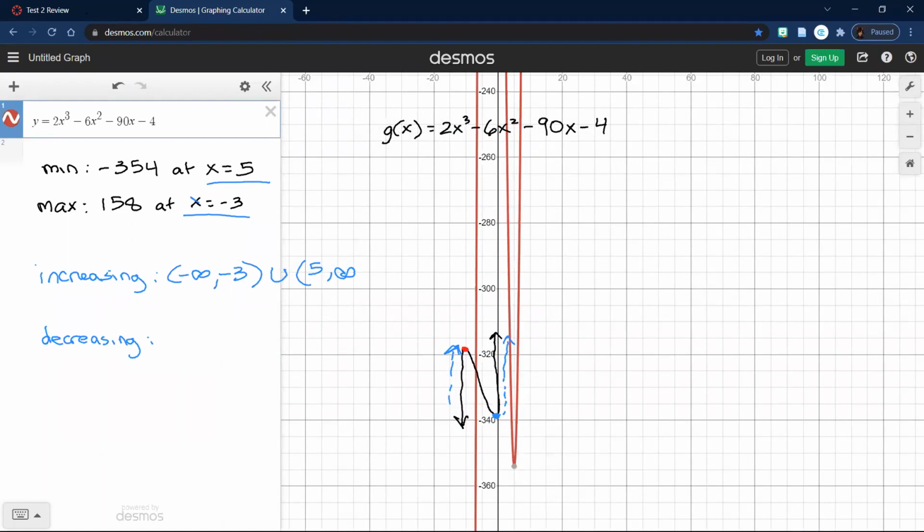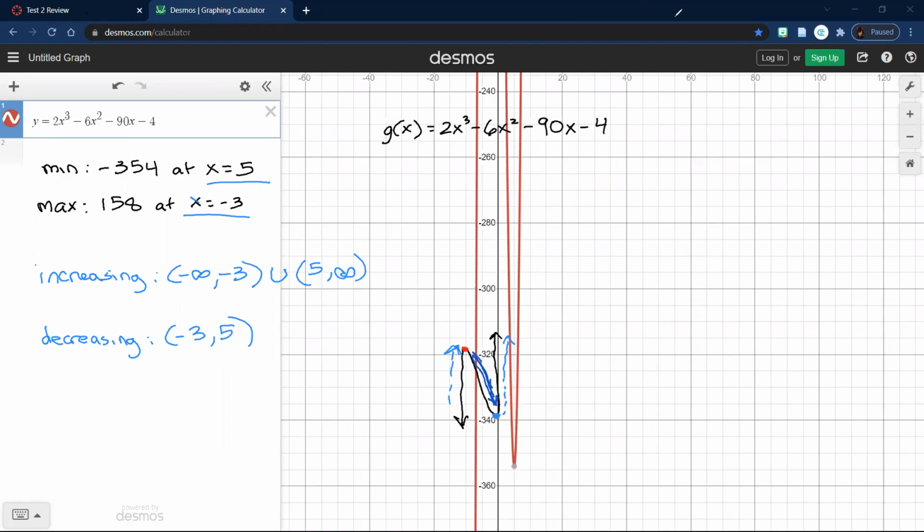So where's it decreasing then? From the maximum at negative 3 to 5. You can see that because it's what's left on the graph, and it's going down in between those 2 points.